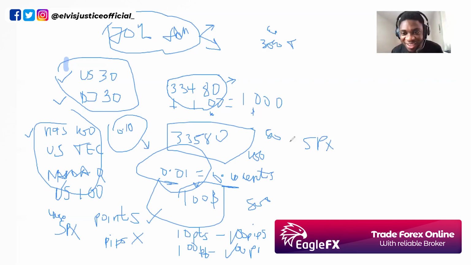Right, S&P 500. So what is S&P 500? It's another stock index. S&P stands for Standard and Poor's Index 500. The X stands for index.